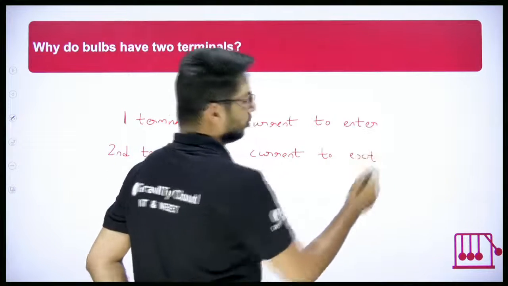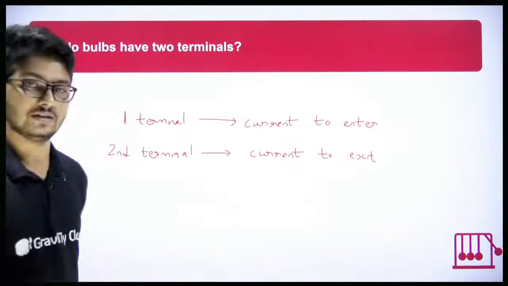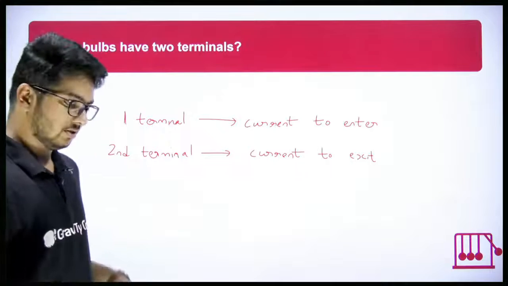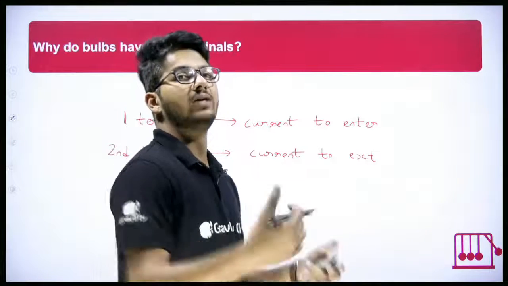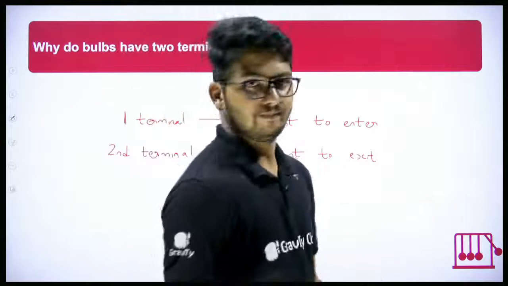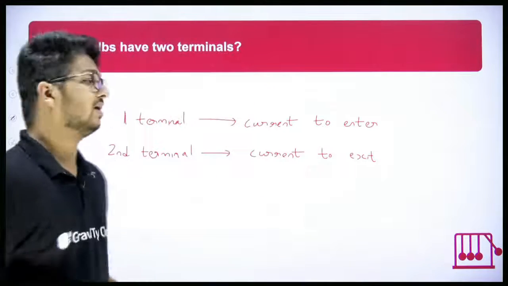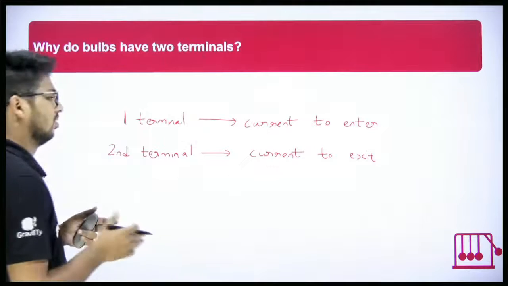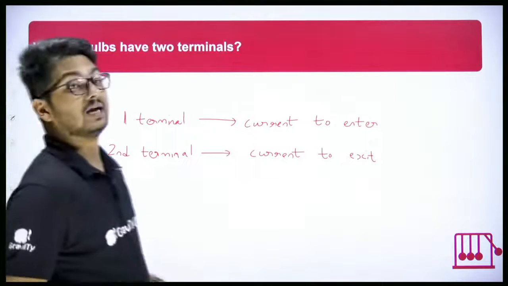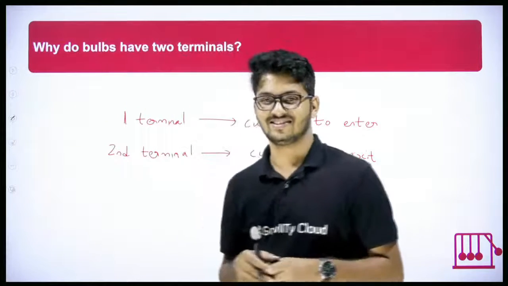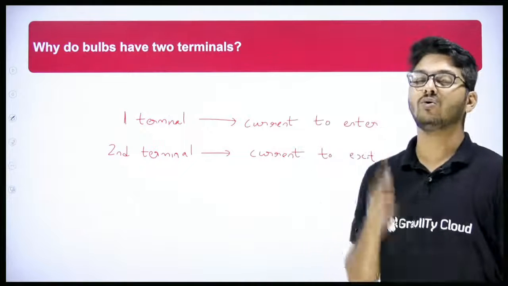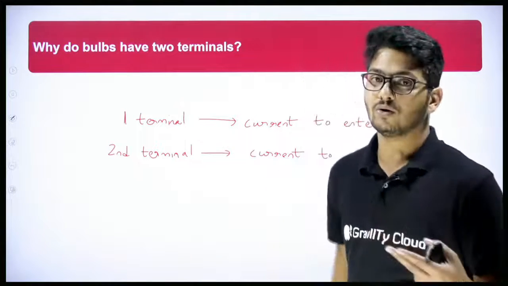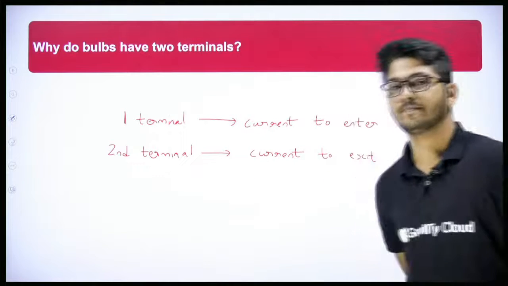Through one gate you enter, through the other gate you exit. Through the same gate you can't enter and exit. Terminals are the same way. Through one terminal current will enter, through the other terminal current will exit. That is the reason why two terminals are required.